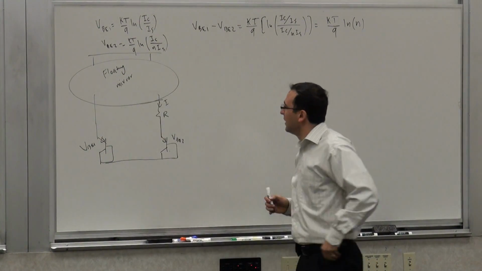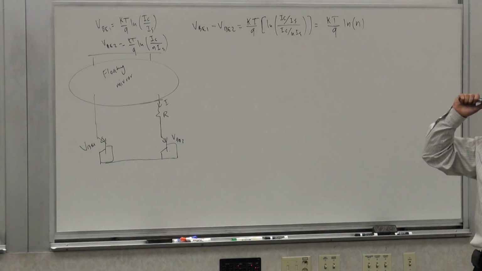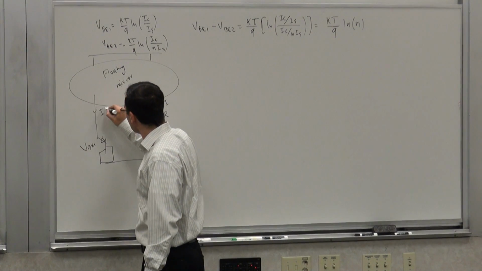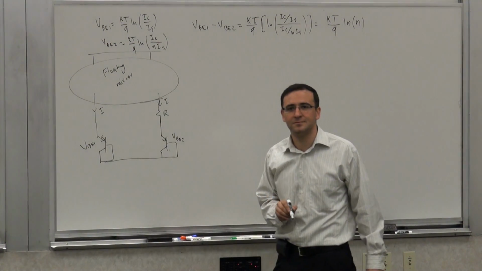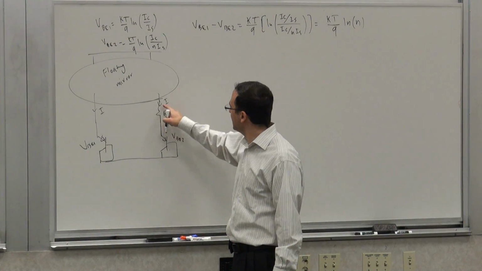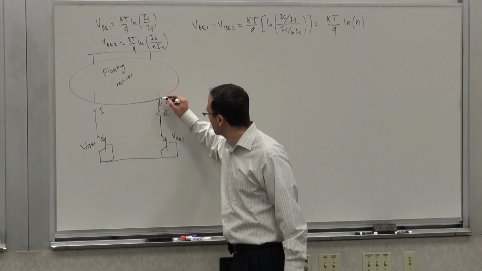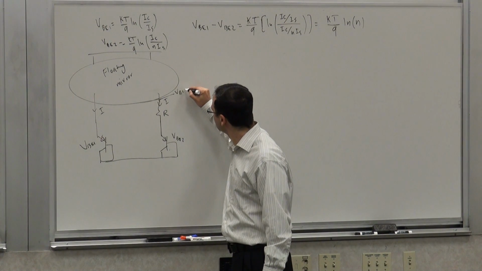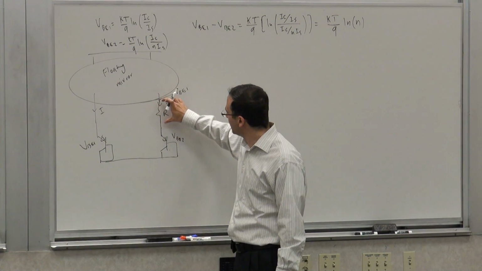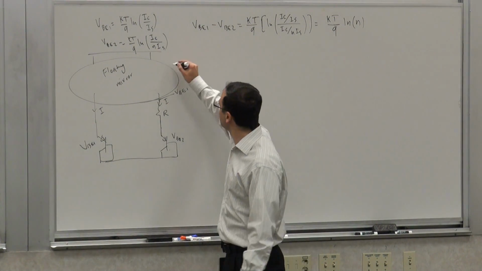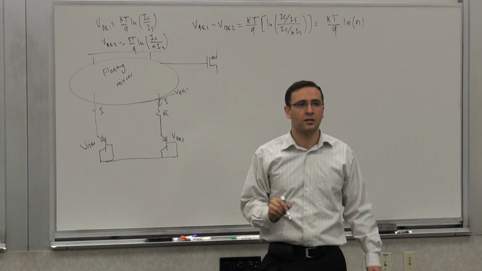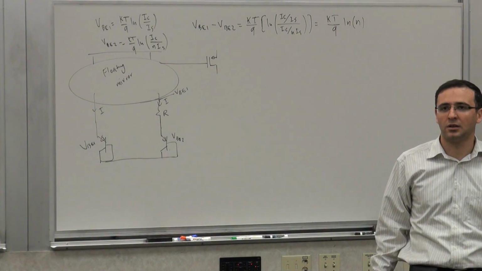Okay. Anyway, so if I do this now, what do I do? I force these two currents to be the same. So this is I and this is I. And basically, this voltage is the same as that. So this voltage is VBE1 and this voltage is VBE2. And this difference is dropping across R. And then I can branch out of this and copy it, like we did before, and get that voltage out.